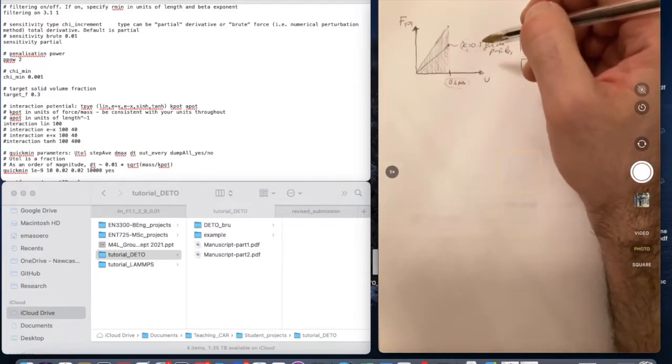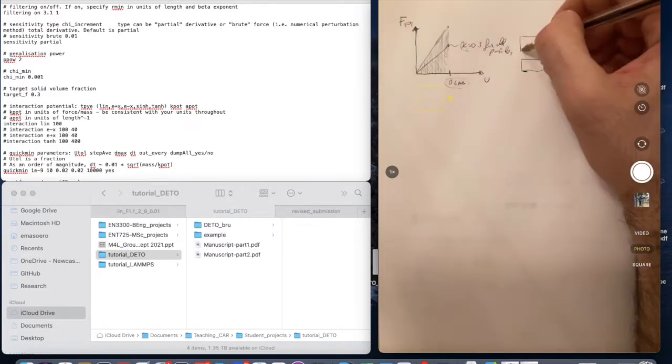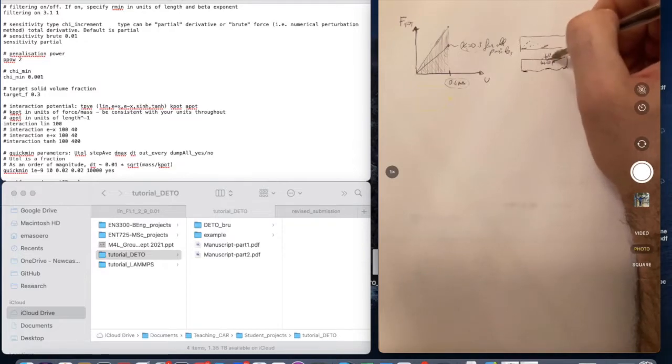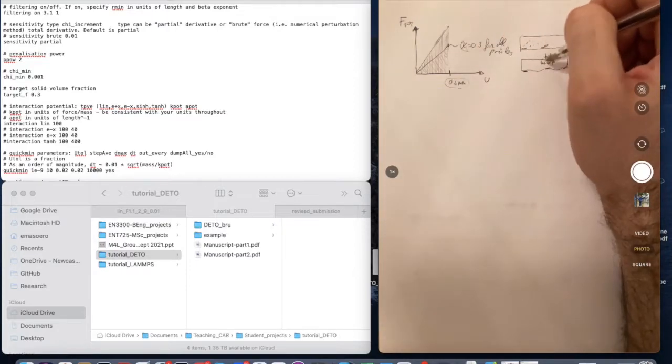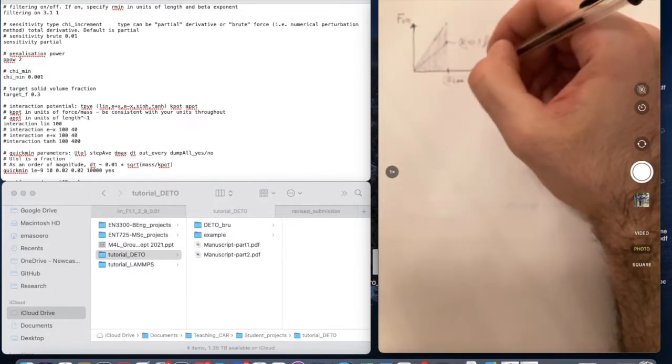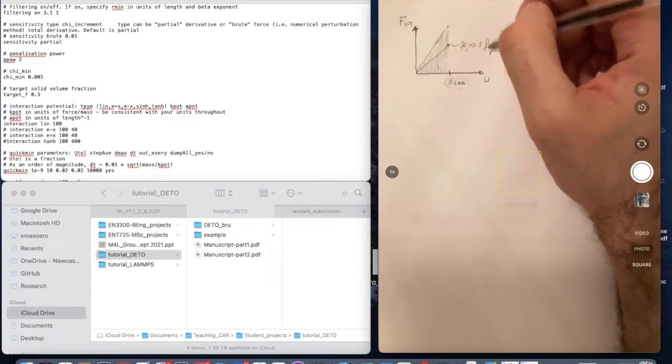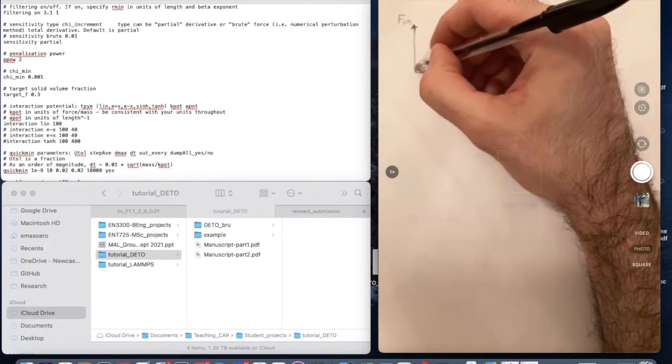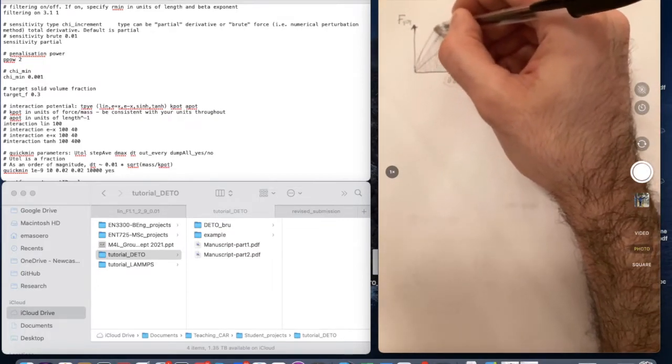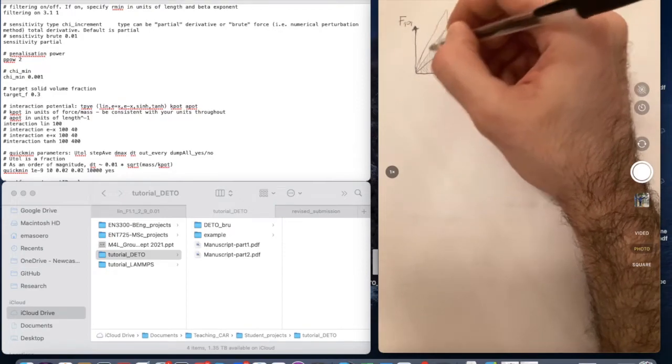Now the optimization code will again restart from the initial configuration, with a different distribution of Xi, and run again an incremental analysis where a larger and larger U is imposed until reaching the imposed U of 0.4 millimeters, that is our target, and once again the system will have a higher curve here.